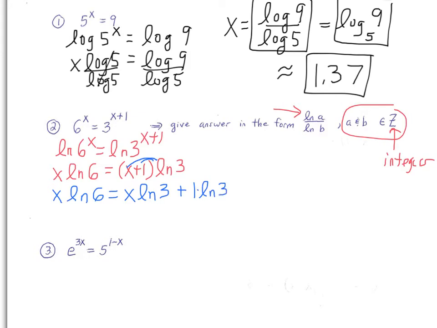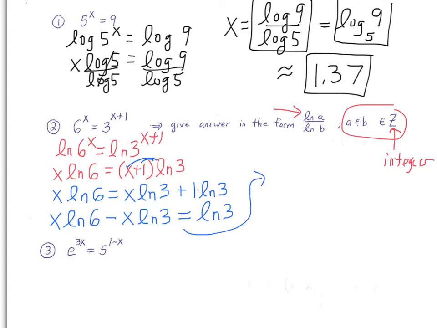So what I'm going to do now is get my x terms on one side. So I have x ln of 6 minus x ln of 3 equals ln of 3. All I did was group my x terms on one side and my non-x terms on the other.